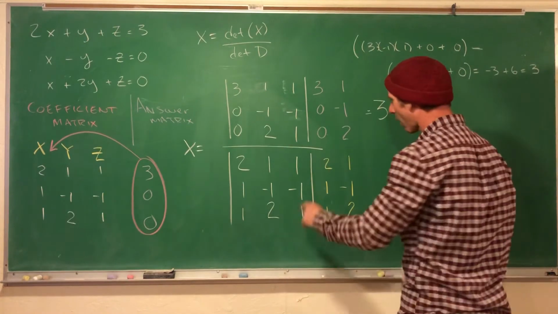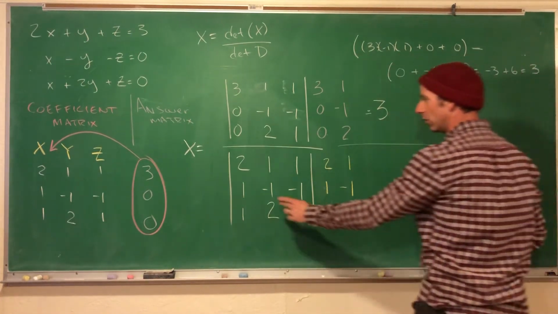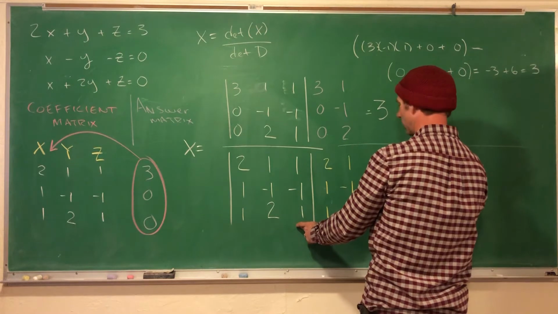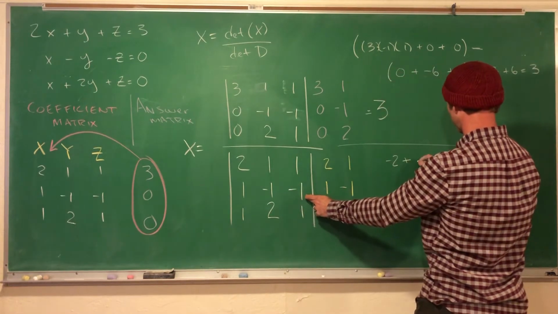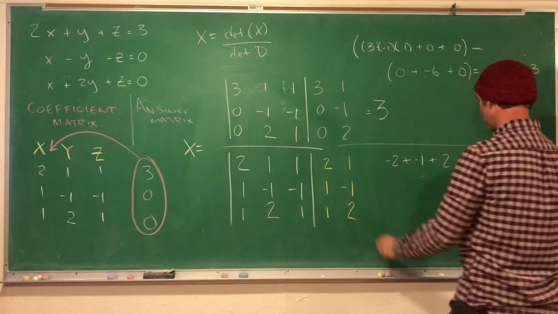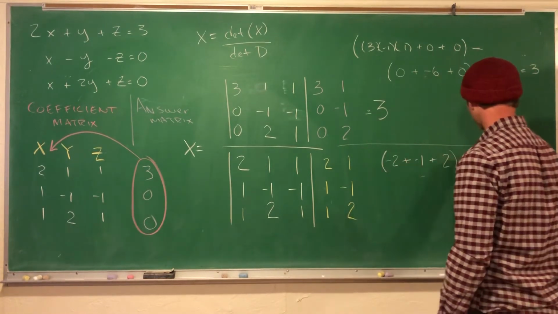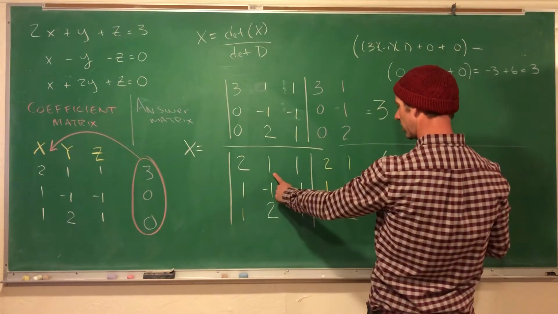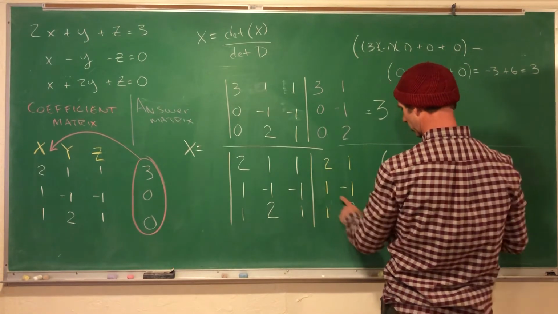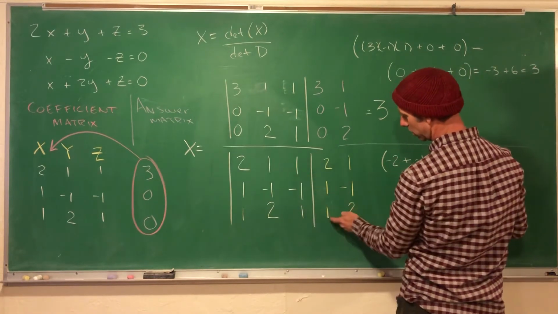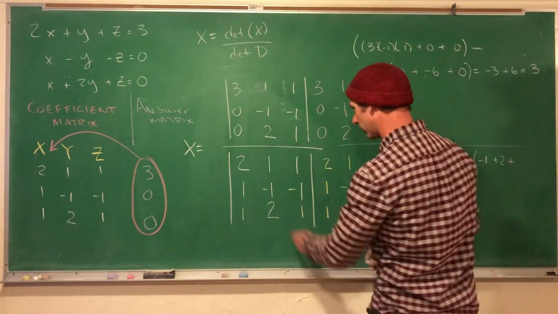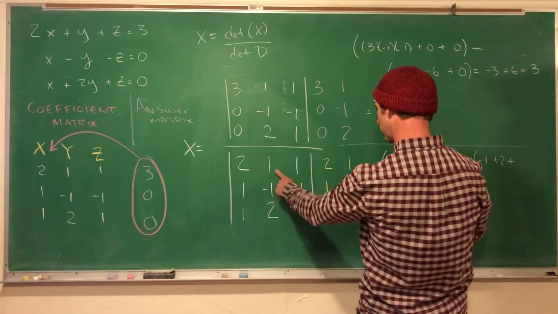We're going to do the same thing down here. So 2 times negative 1 times 1 is negative 2, plus 1 times negative 1 times 1, plus 1 times 1 times 2.